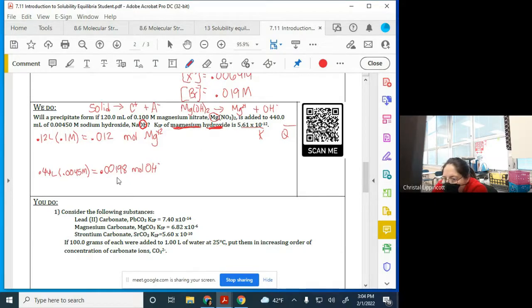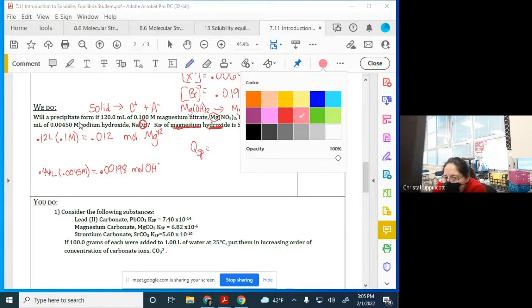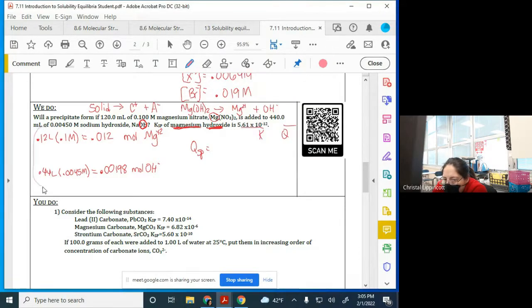All right, so we have the moles of this. Why did I need to go all the way back to moles for these? Well, I need concentration. That's what I need for my Q value. But what happened to my concentration when... well, look at what happened here.